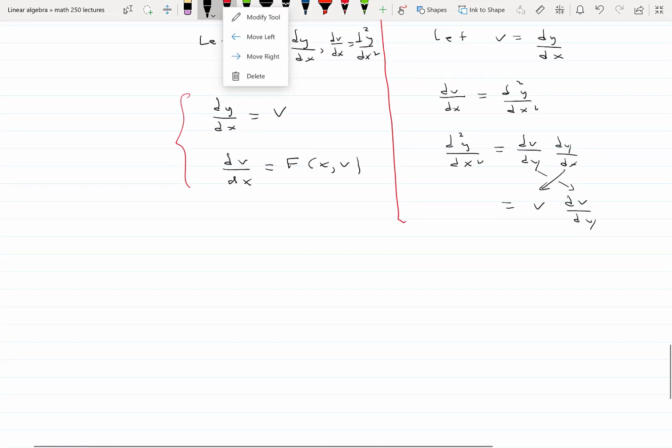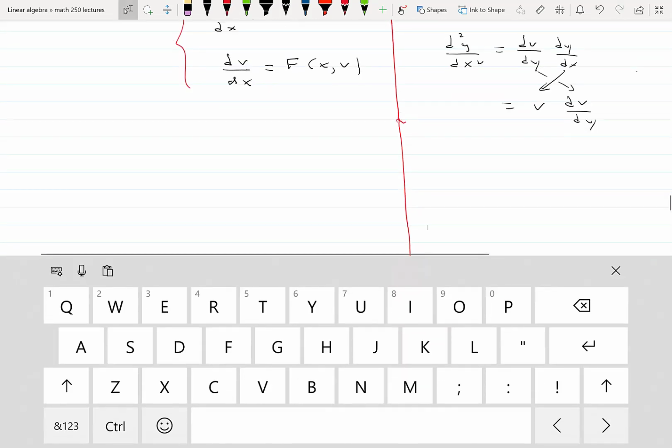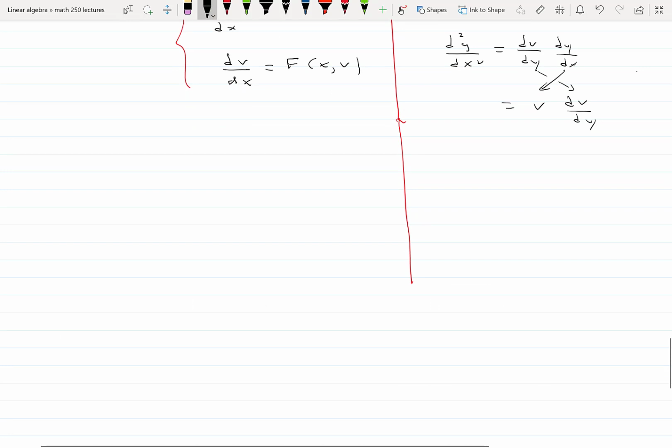Okay, bottom line, our differential equation then gets turned into a system of differential equations. dy dx equals v, same as before, but not dv dx anymore. It's v dv dy equals f of y and, remember we were given y and dy dx, v. Okay, and then we solve this system of differential equations, of course solving the second differential equation first.